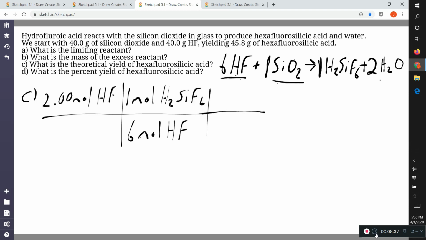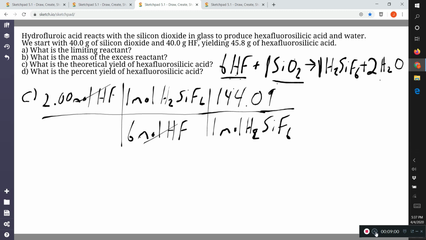And we have to convert that to grams still. So 1 mole of H2SiF6. To get the molar mass, we'd have to add up 2 hydrogens, 1 silicon, and 6 fluorines. And we would get 144.09 grams of that material.